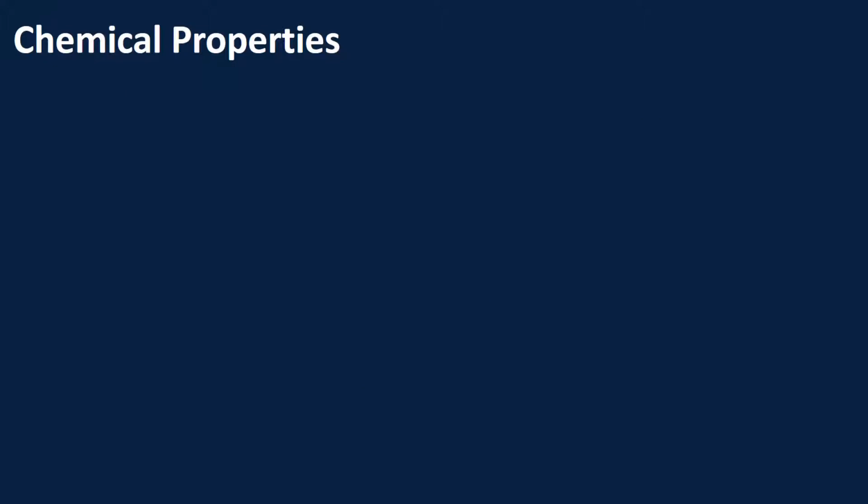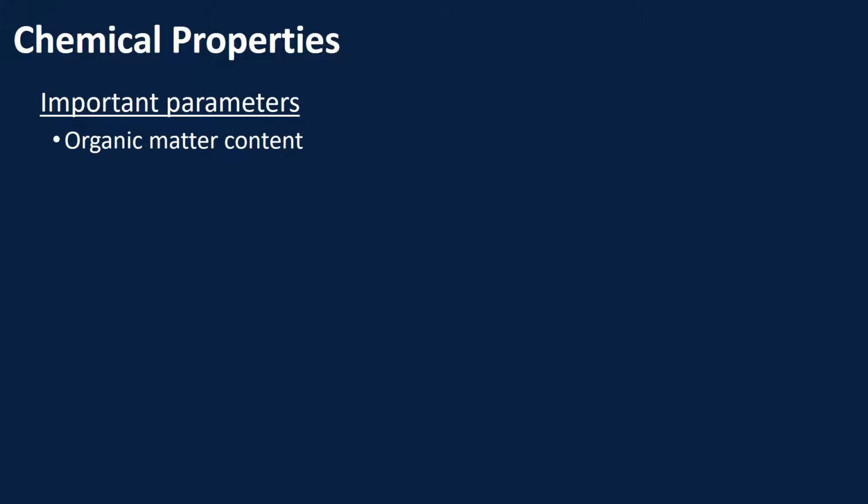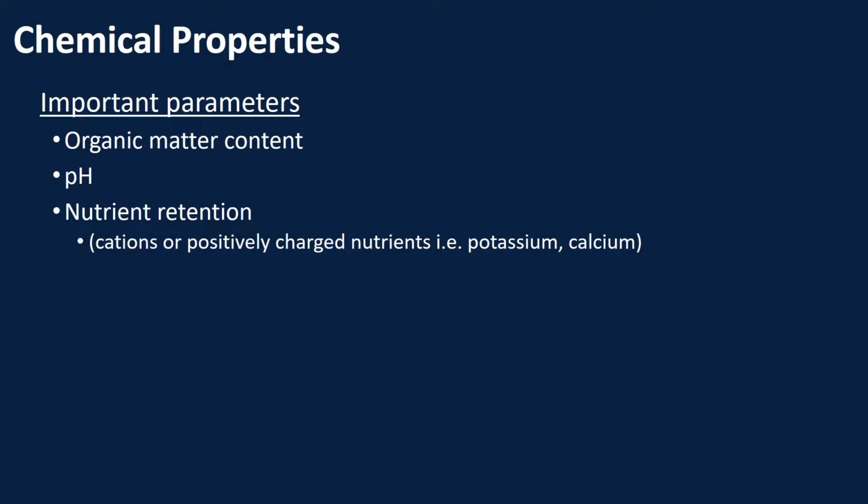Next is chemical properties, and there are several different chemical properties we'll spend a little more time on. Some of the important ones are organic matter content, pH, and nutrient retention, meaning how well the soil can hold on to nutrients, especially positively charged ones called cations. Examples of that are potassium and calcium, which have a positive charge.